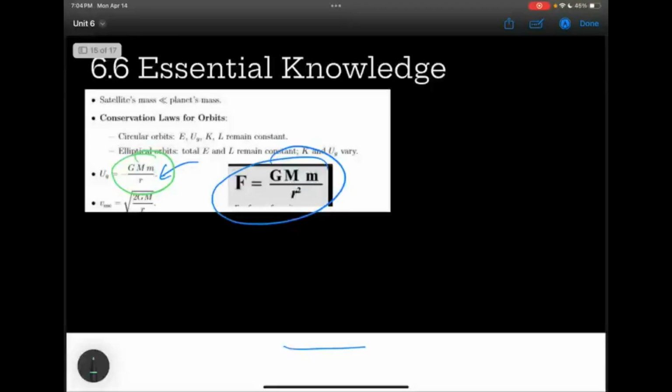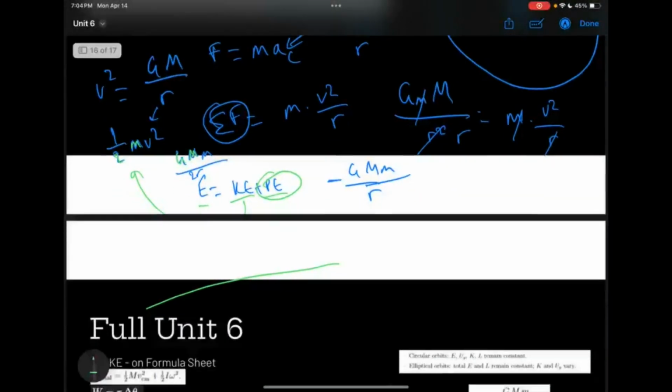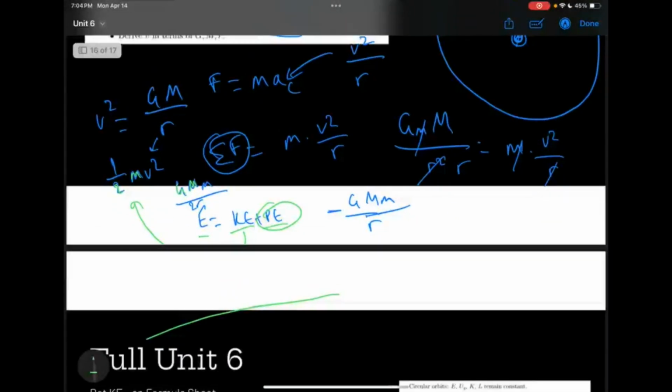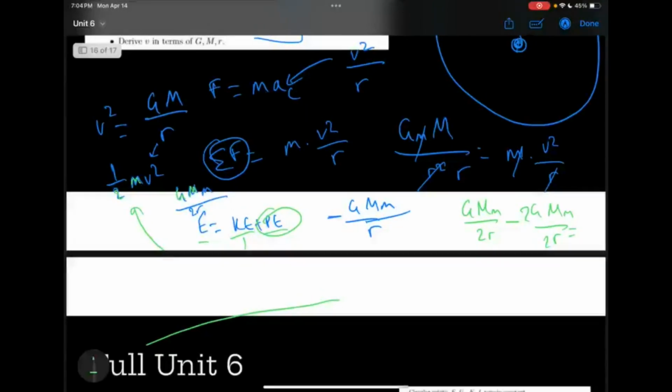It's going to be negative universal gravitational constant times Mm over r, right? So we plug that in, we have this. So really, it's just Gmm over 2r minus Gmm over r. We do this out, that's really equal to that. And so that means that the total energy is equal to minus Gmm over 2r.